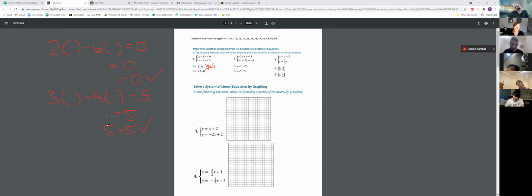For B, I'll use a different color so it's obvious I've changed it. So it was -3 here and then a 4 here. So -6 minus 24. Oh, that does not work. And there's no point to even do the second one if the first one doesn't work. So you already know it's not going to work. All right, cool. Thank you.